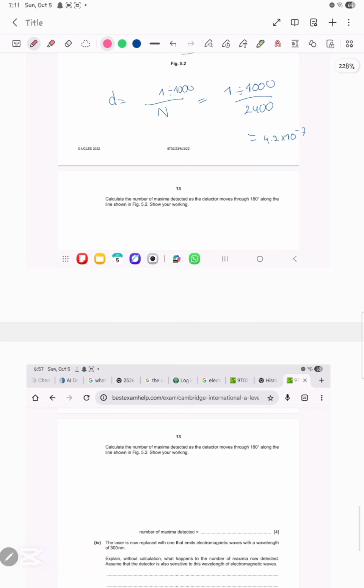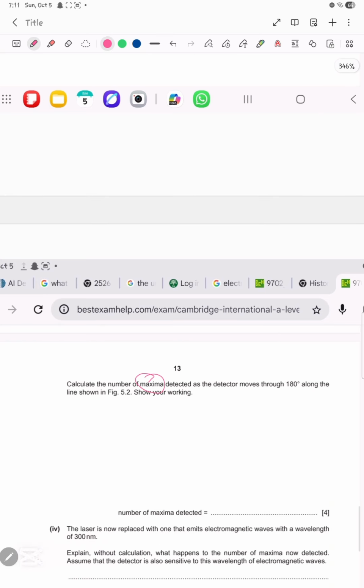They don't want d, they want the number of maxima detected. So how do we find it? The number of maxima, denoted by m, we can find very simply by using the equation d sine theta equals m lambda. We have lambda, which is 8.1 times 10 to the power of minus 8, and d, which is 4.2 times 10 to the power of minus 7. For theta, because they want the maximum, we replace it by 90.